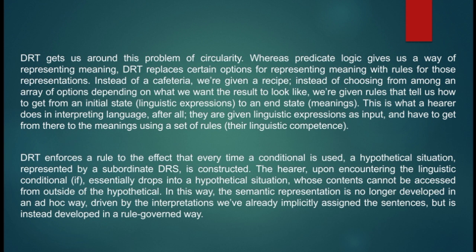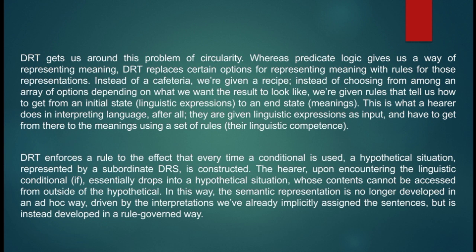So DRT gets us around this problem of circularity, whereas predicate logic gives us a way of representing meaning. DRT replaces certain options for representing meaning with rules for those representations. So instead of a cafeteria, we're given a recipe, instead of choosing from among an array of options depending on what we want the result to look like.